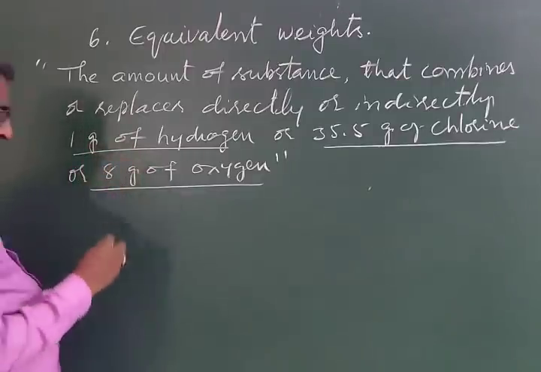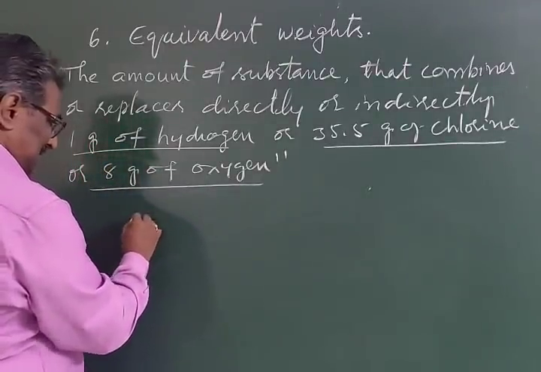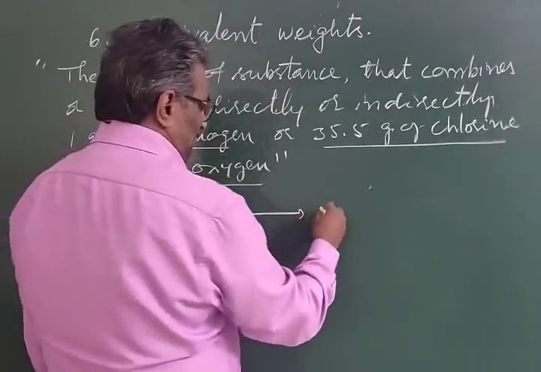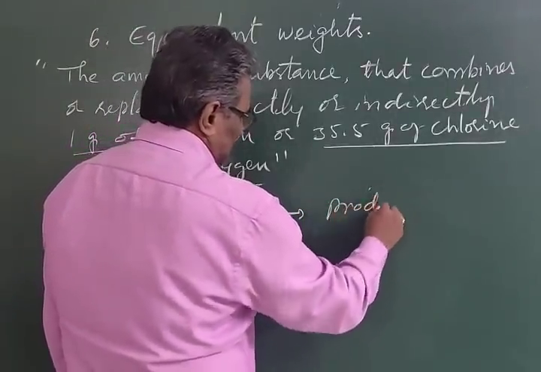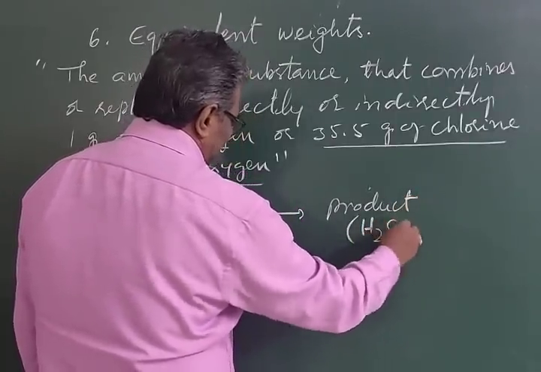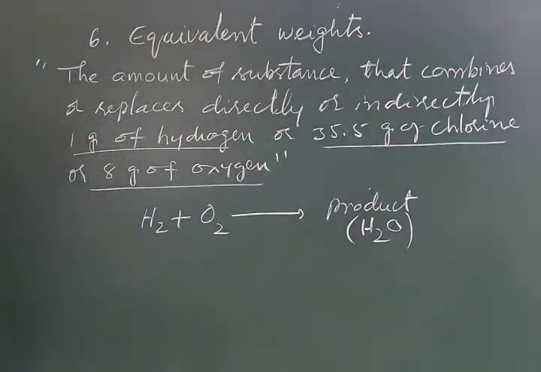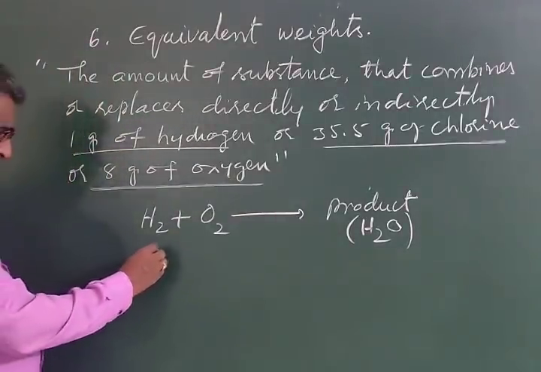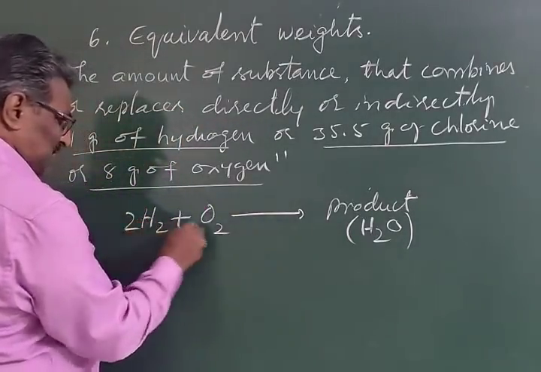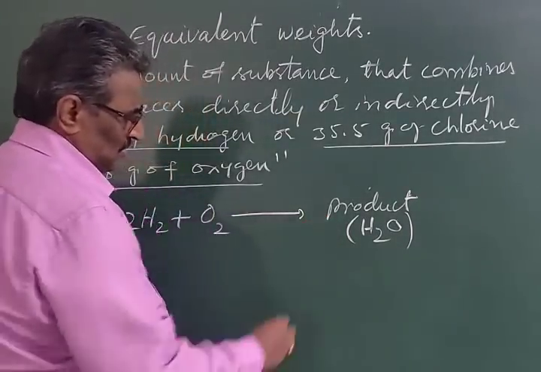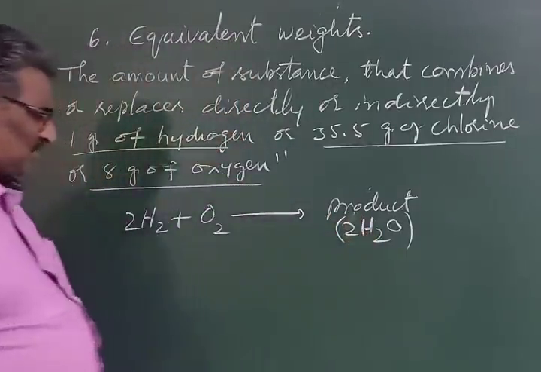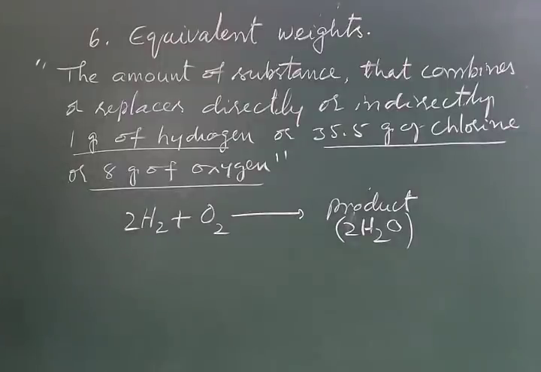Hydrogen combines with oxygen to form some product. What is that product? H2O. The balanced equation is 2H2 plus O2 gives rise to 2H2O.